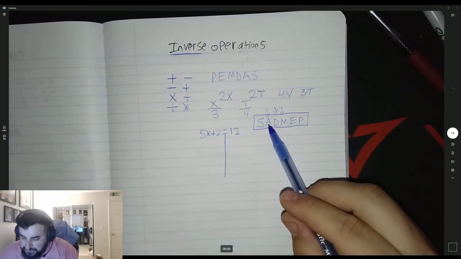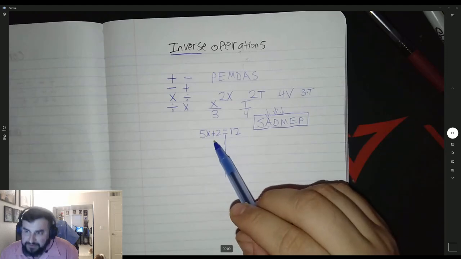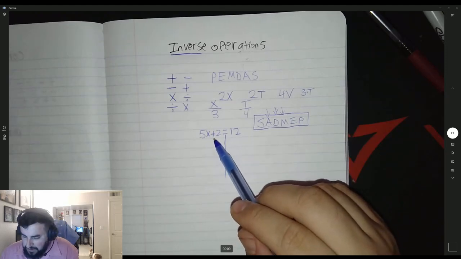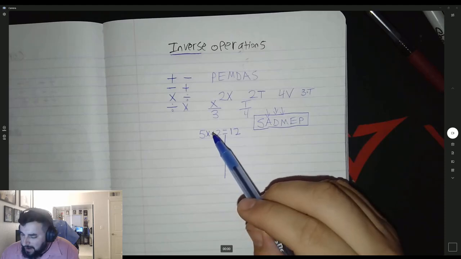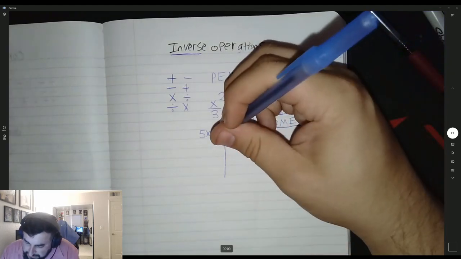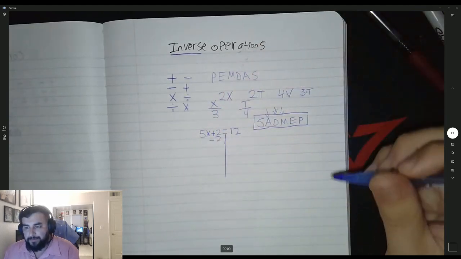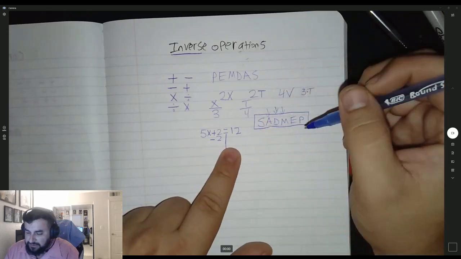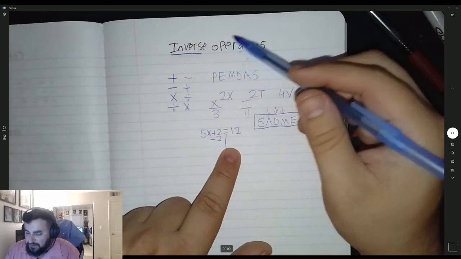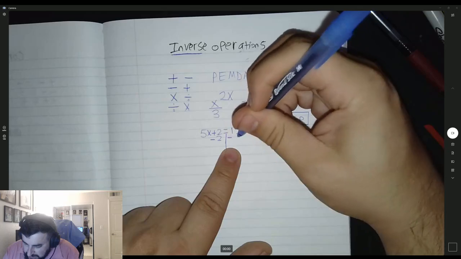So adding is first. Now inverse means opposite. What is the opposite of plus 2 right there? The opposite of plus 2 is to subtract 2, just like that. Now the rule is, if you do it to one side of the wall, you always have to do it to the other. So that's the rule of inverse. You have to do it to both sides of the wall.